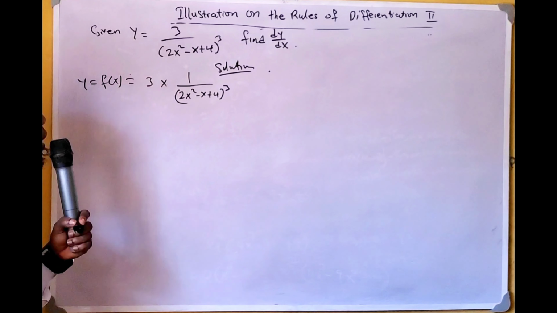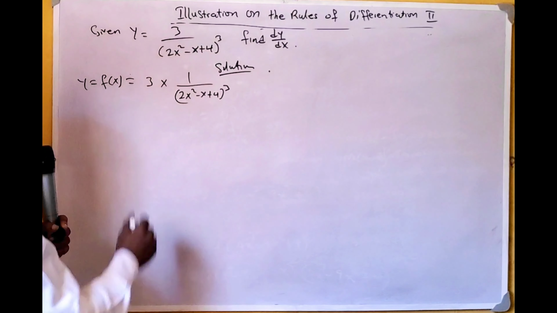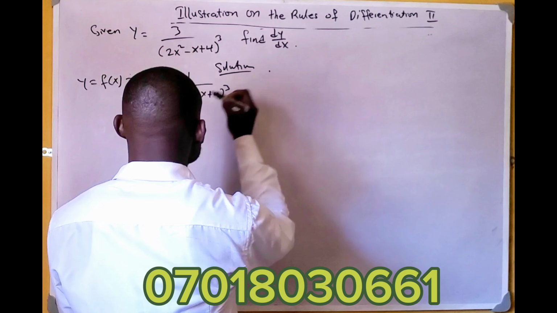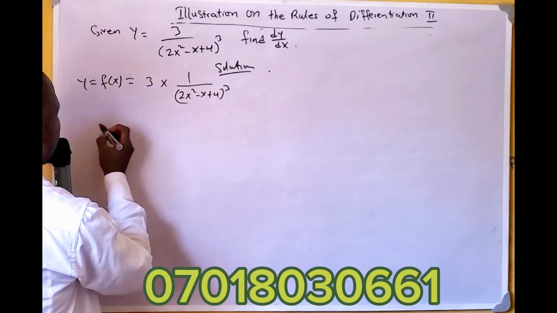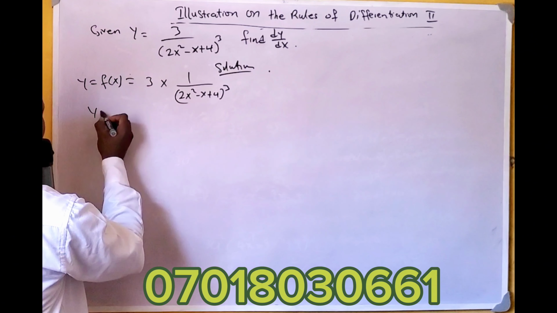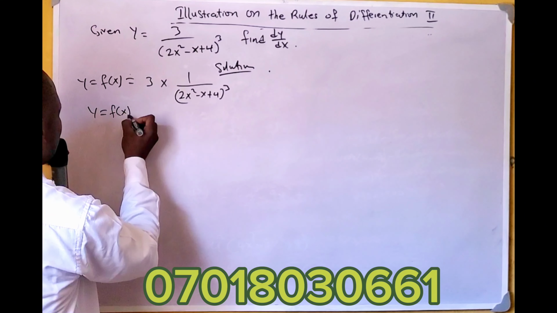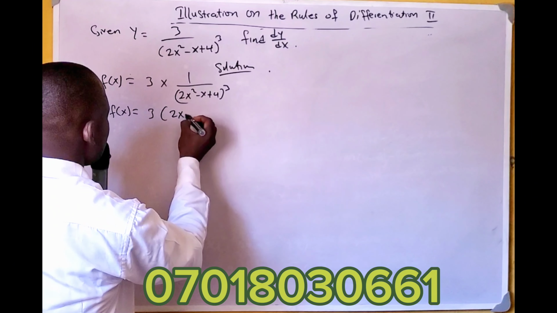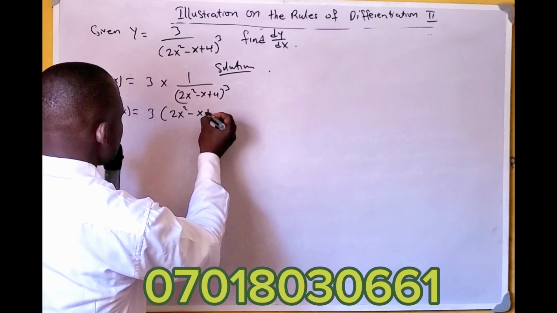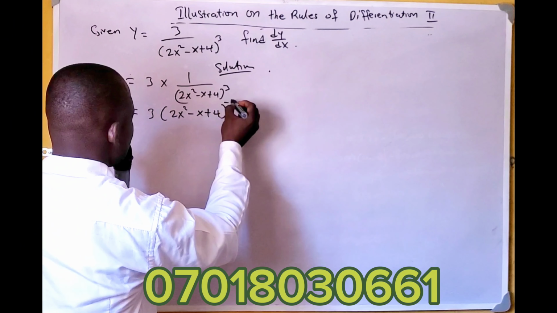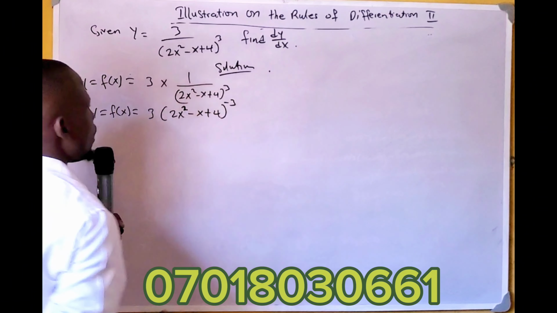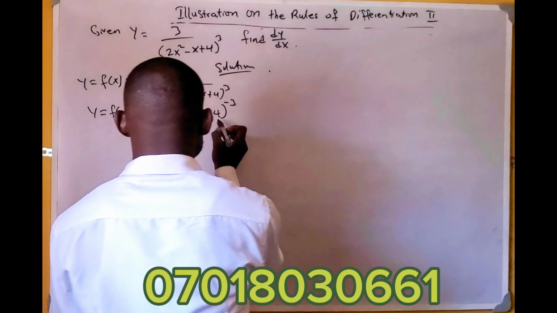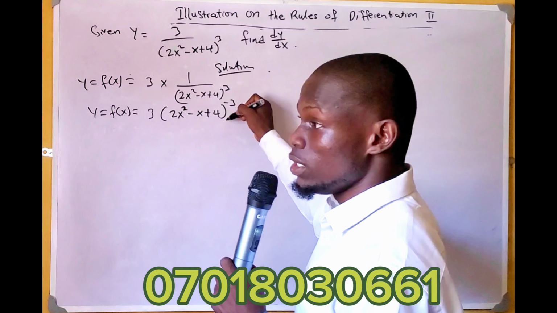Do we agree? Yes. If we agree to that, also if we apply our knowledge of indices to this, you can see our y equals to what? f of x equals to what? 3 into (2x squared minus x plus 4) raised to the power minus 3. I hope this is very well understood how this turns out to be this.